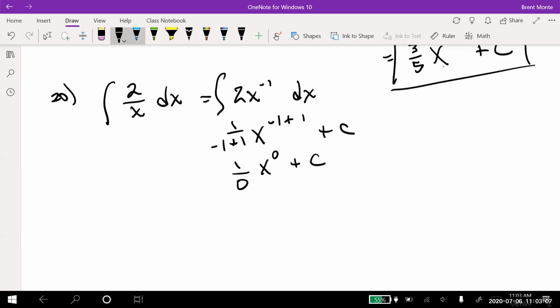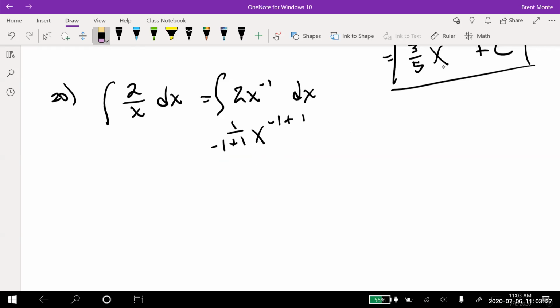But of course, when I see this 1 over 0, that's undefined. I can't do that. I can't use the power rule if I just have x to the first on the bottom. x to any other power is okay, but x to the first on the bottom, I can't do it that way. So what I do, I have to think, well, how can I do this?